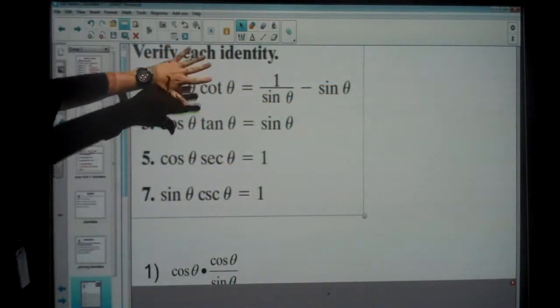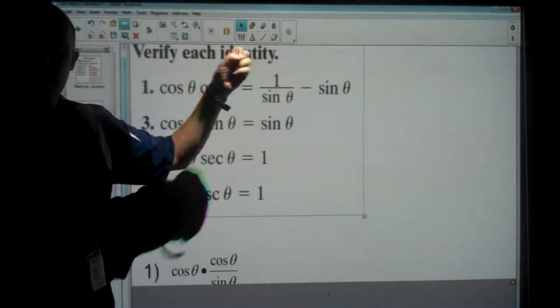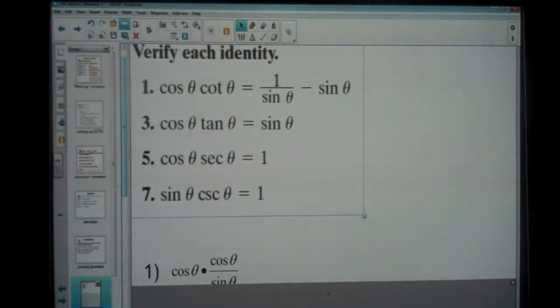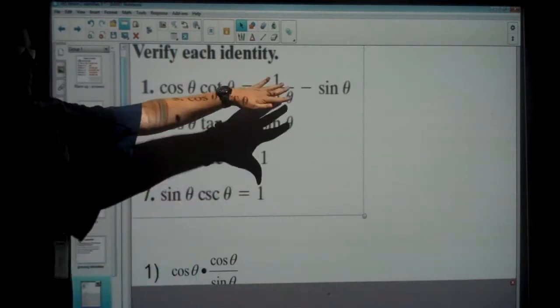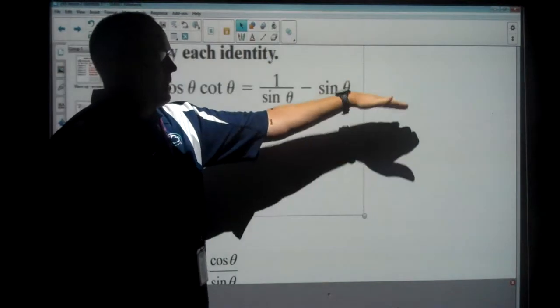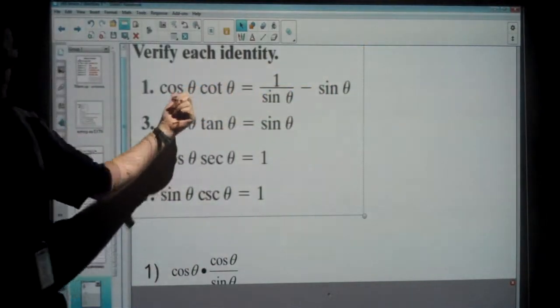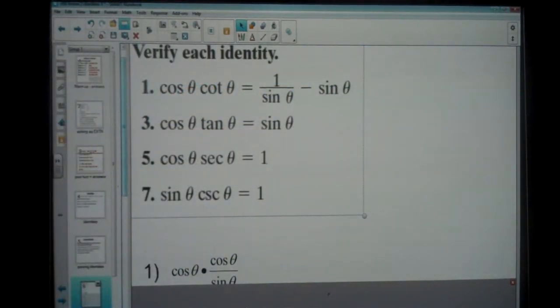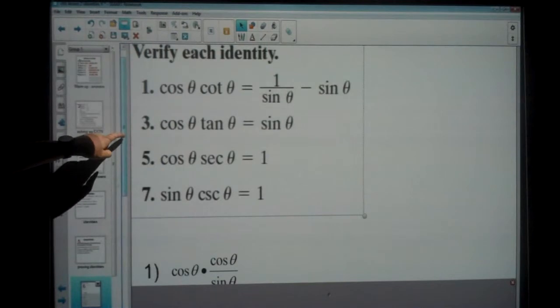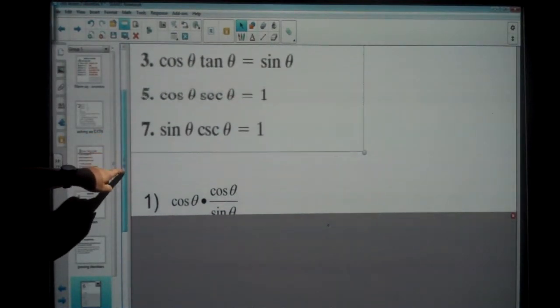I'm going to start with this, and I'm going to work to this. I don't want to start with this and try and get to this, because that's not the proof that's being asked. However, if you do want to start with this, you could always write up the page, and by the time you finished, you would end up with this. Anyone who's looking at your answer would have no idea that you've actually worked the question backwards. So you can do that, but ideally start with the left-hand side and try and finish with the right.